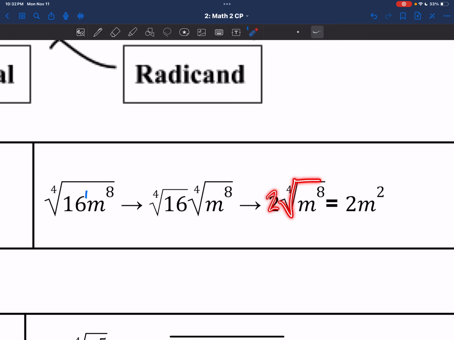So we've got 2, and we have all to the fourth root, m over 8. And then once you get here, they kind of skipped a step on you, but you should have 2 m, and then it should be 8 over 4, which simplifies to 2.